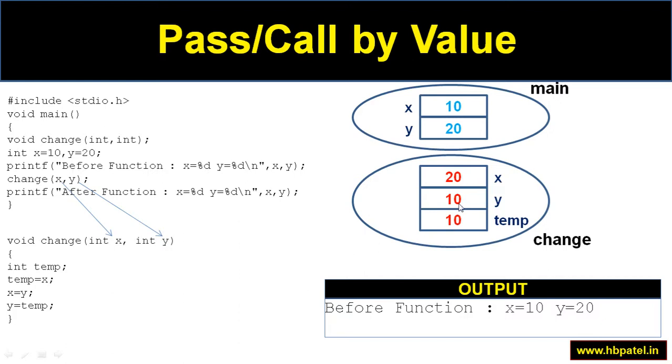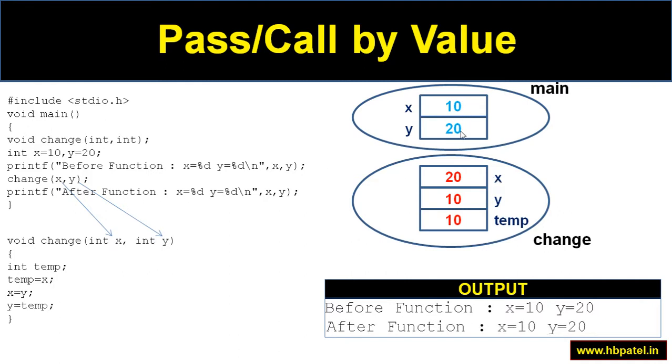But the thing is, these x and y are local to this function. They have nothing to do with main. So when I go back and try to print the value of x and y of main, x and y of main are still 10 and 20, because the changes made in the x and y which were local to the change function do not affect the values of x and y in main. So if I print again after the function call, what is the value of x and y?